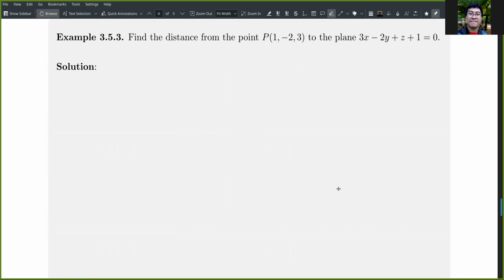Another example, find the distance from the point P (1, minus 2, 3) to the plane 3x minus 2y plus z equals 1. So the equation of the plane is this, which means that n equals 3i minus 2j plus k is perpendicular to the plane.